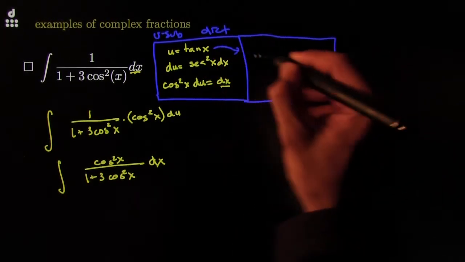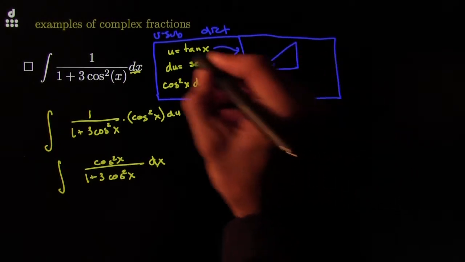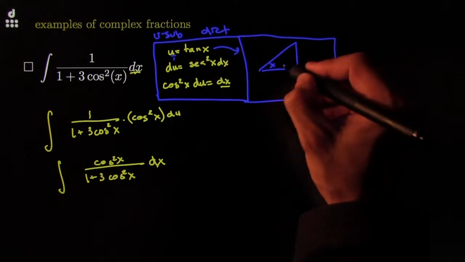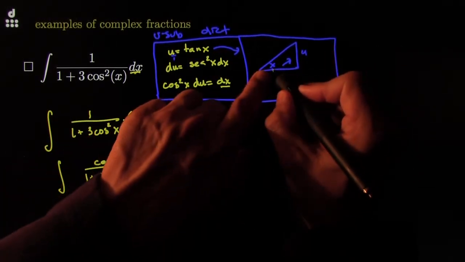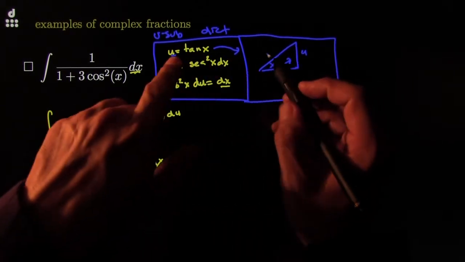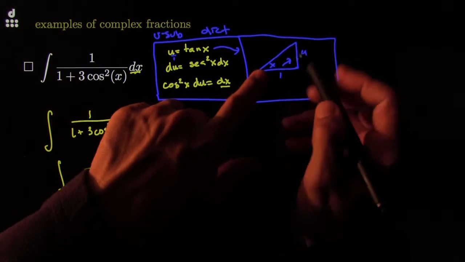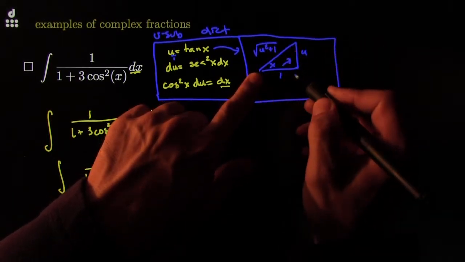From here I get that if I had a reference triangle with angle x, the opposite side would be u, the adjacent one would be 1. That's what this means: tangent of x equals u. That means the ratio of the opposite to adjacent side is u to 1. That would mean that the hypotenuse would be the square root of u squared plus 1 using the Pythagorean theorem.